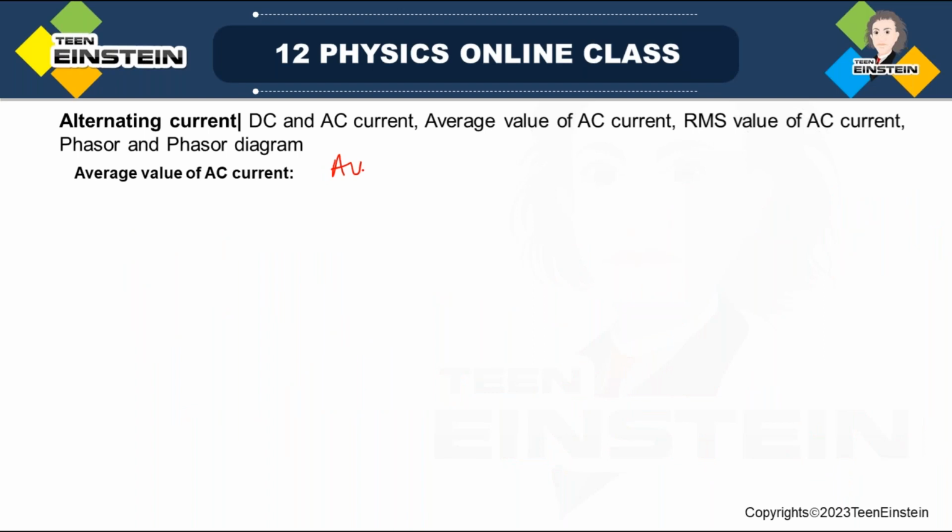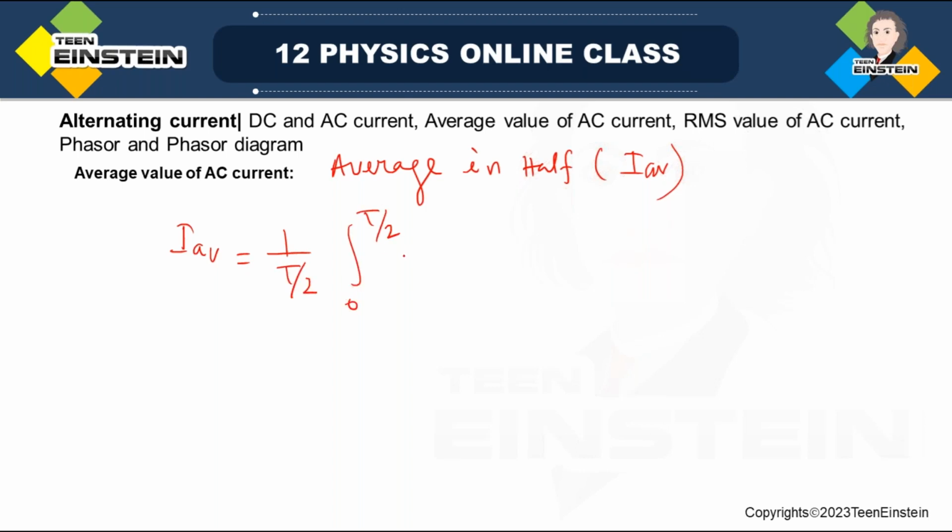So, average value in half cycle. This is one way of defining the average value of the alternating current. It is denoted by I_AV and written as I_AV = 1 over T by 2, integral from 0 to T by 2 of I0 sine omega t dt.